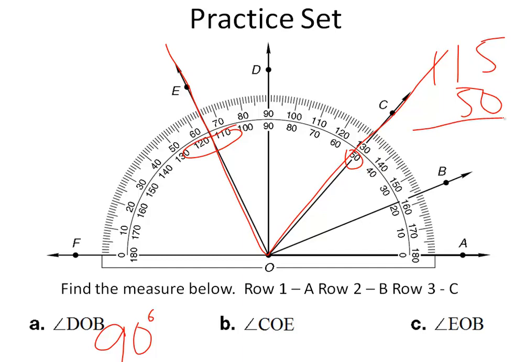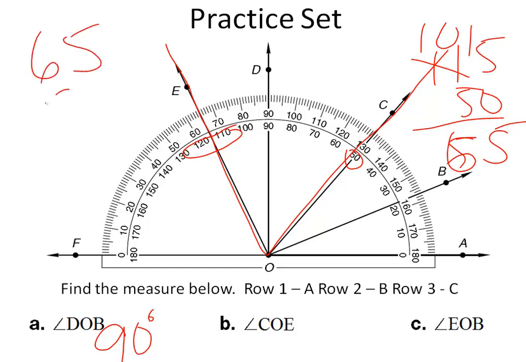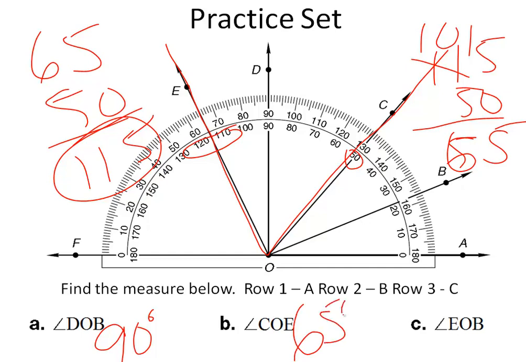And then we subtract those. So 65. To check that, I go 65 plus my 50. There's 5, 115. So that's right. So COE is 65.